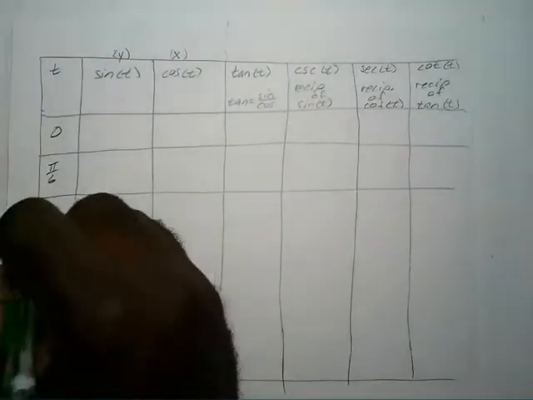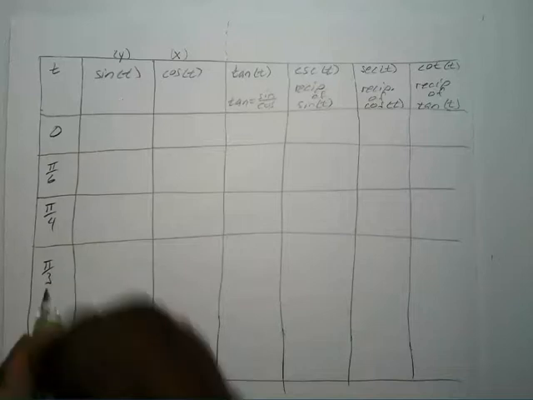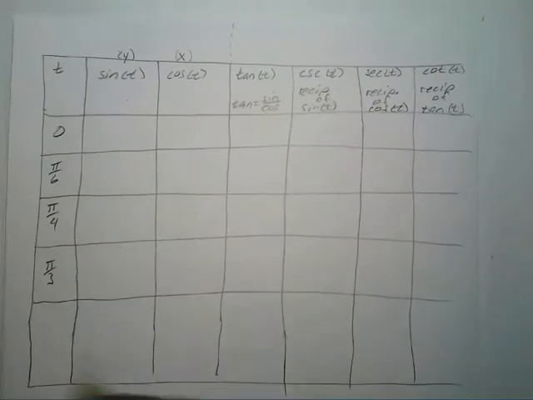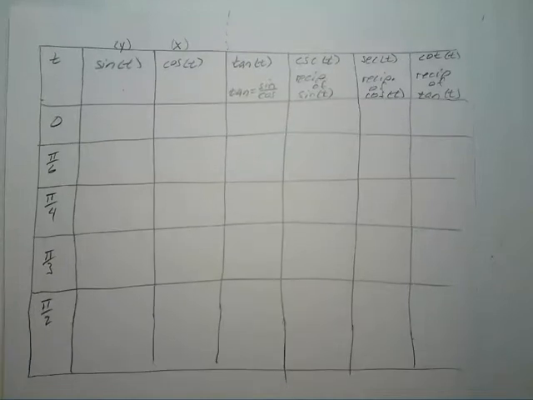Okay, so we have 0, pi over 6, pi over 4, pi over 3, and pi over 2. All right.